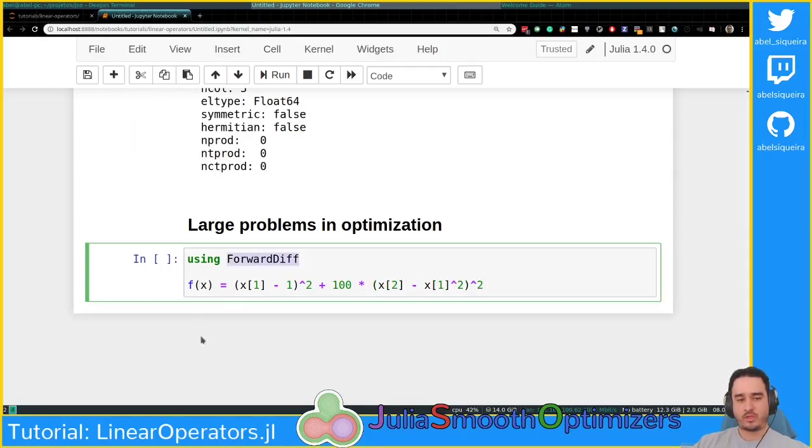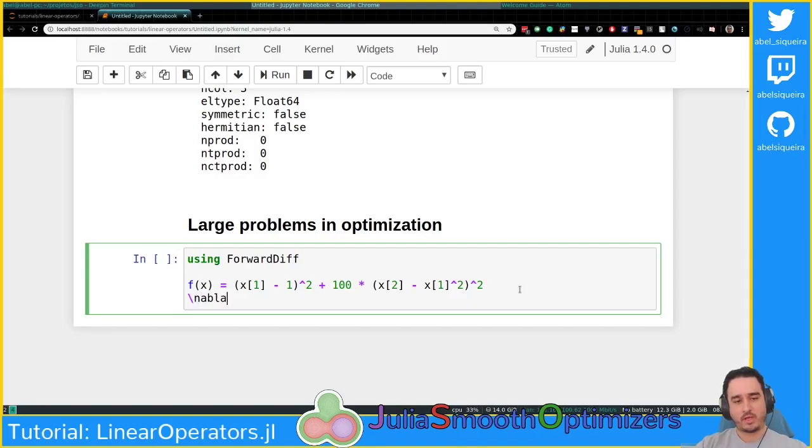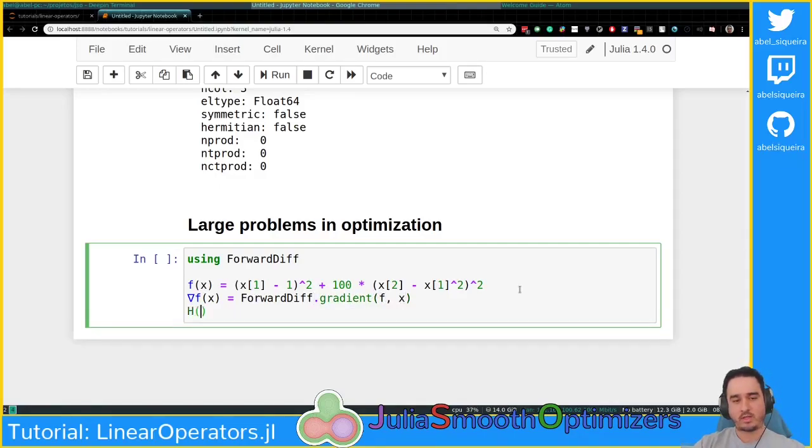So using ForwardDiff, I'm going to define a function f of x. The gradient of this function is the gradient defined by f of x, and I would like to have the Hessian matrix, but instead of having the matrix, I'm going to ask what's the result of the Hessian times a vector v.